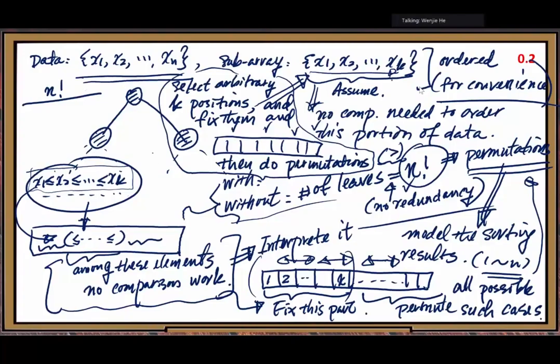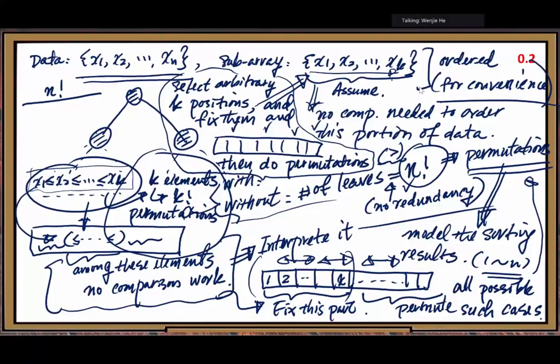Because those k elements, we know these k elements can give us k factorial permutations, right? But our given condition fixes the order of these k elements, right?